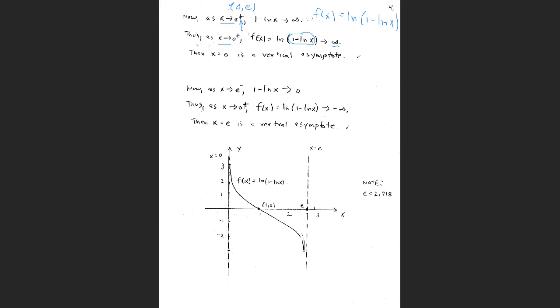So what's the log of infinity? That's infinity. So x equals 0 is a vertical asymptote. It might look hard to do, but it's not hard to do.